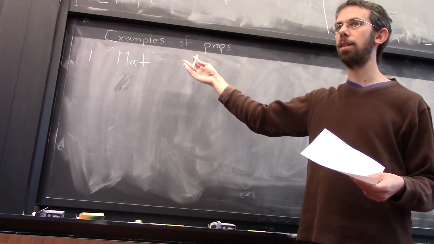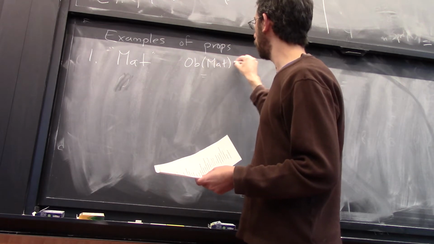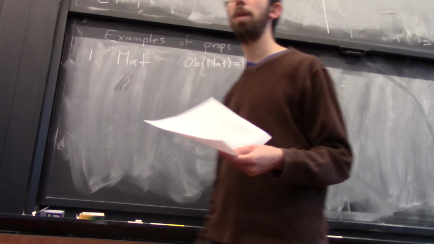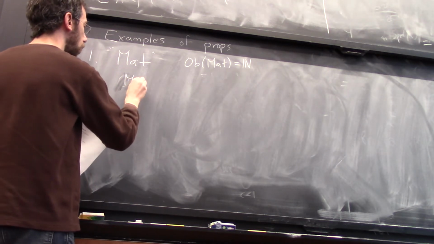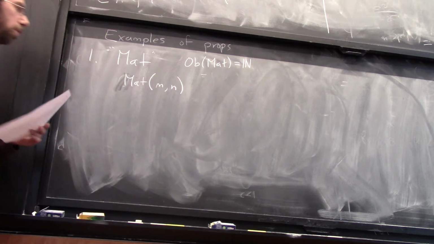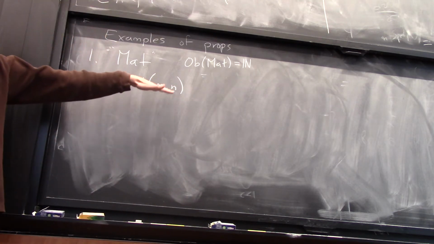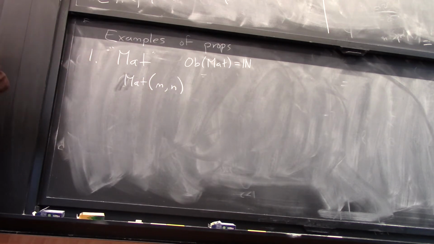Its objects are the natural numbers. I don't have to tell you that because that's forced by being a prop. But I do have to tell you what the morphisms are between two different natural numbers. So what do you think the set of morphisms between m and n in Mat should be? Let notation be your guide.